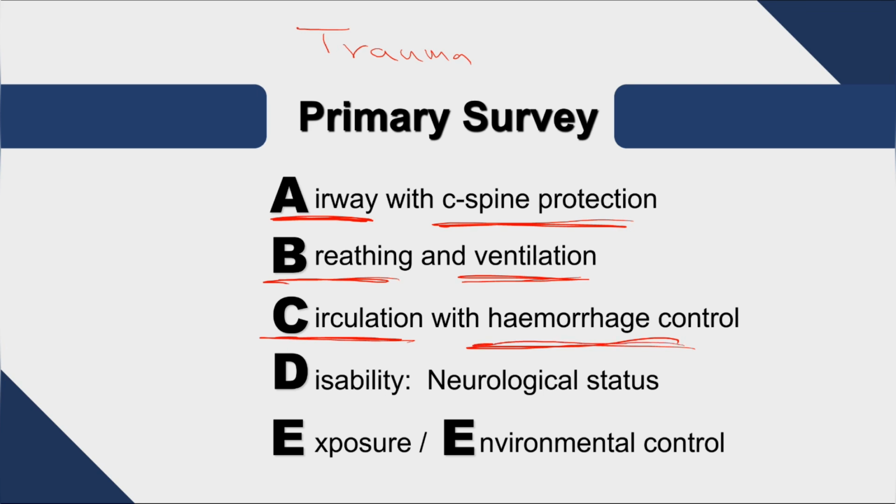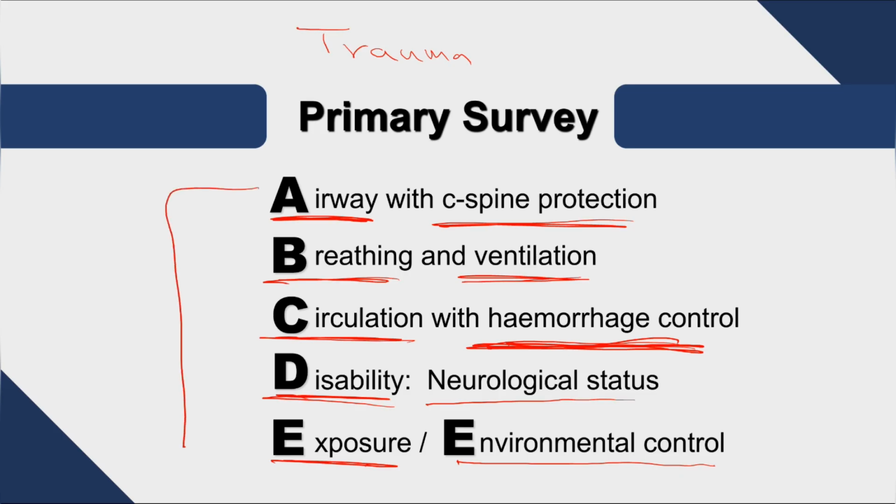At the same time, you are putting in a cannula, giving IV fluid, and you control the major hemorrhage. Disability mainly means the neurological status of the patient, or mainly the brain. Exposure, you expose the patient to see anything that has been missed, and also environmental control, especially you prevent hypothermia by covering the patient. So this is the primary survey.